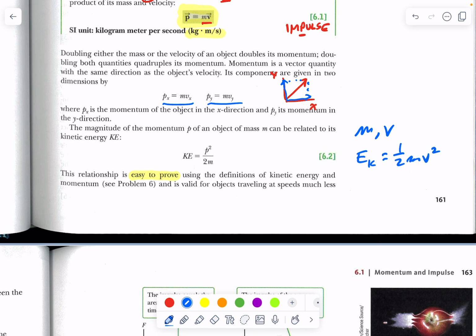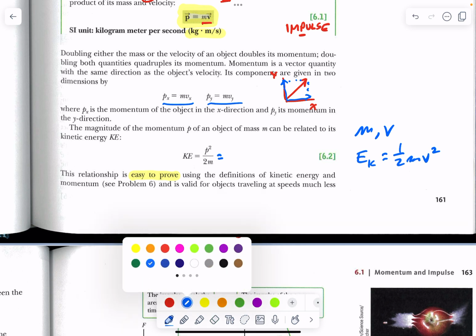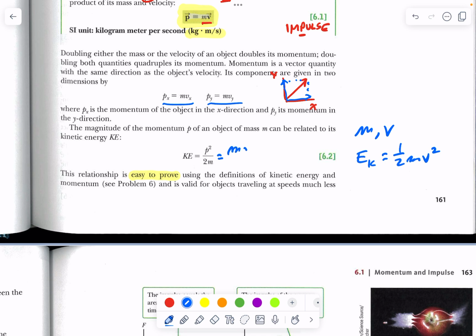So, for example, if we take this equation right here, and we say that momentum is going to be mass times velocity, mass squared times velocity squared is momentum squared, divided by 2m.